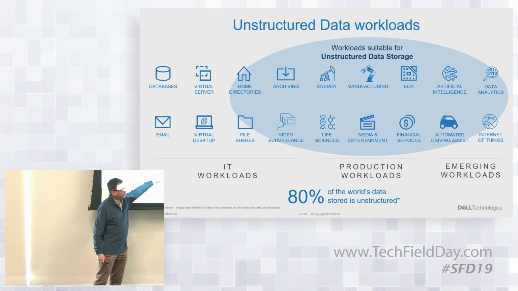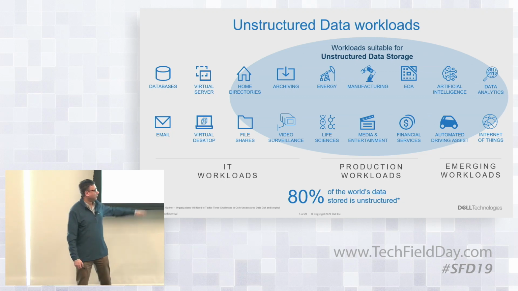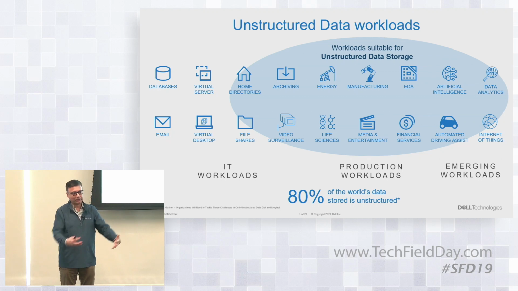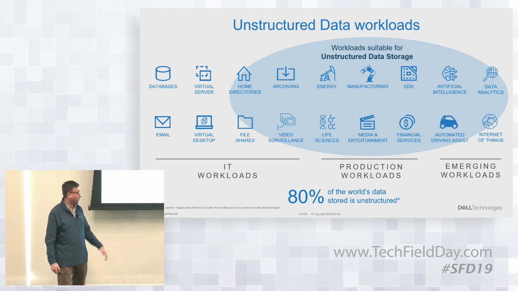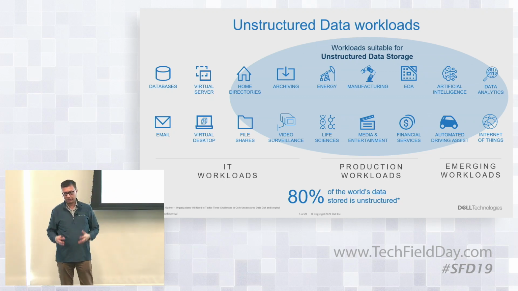If you see where the growth is happening, most of that growth is happening in the unstructured space. Take automated driving, all these cars driving and collecting images. That data is growing much faster than, for example, your databases or anything else like that. So it's growing, and as I said, it's also the largest part of the data world.